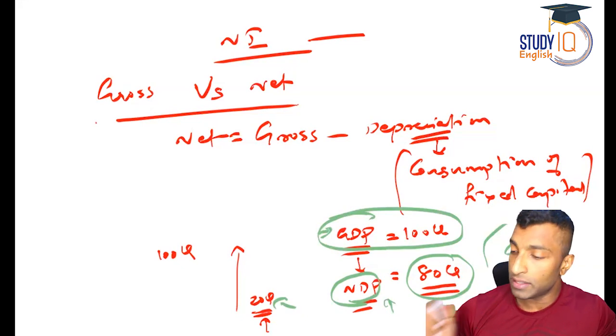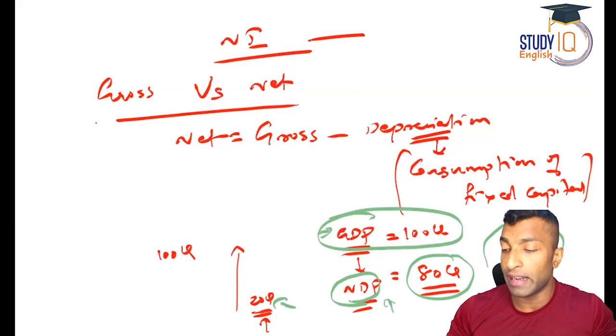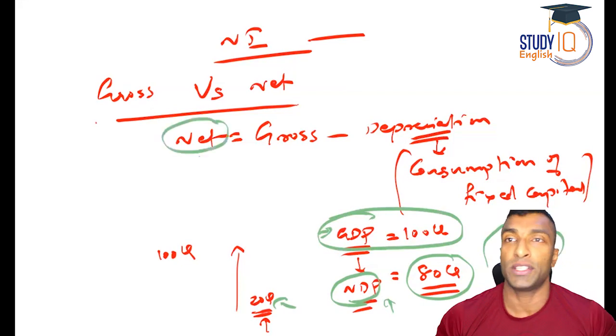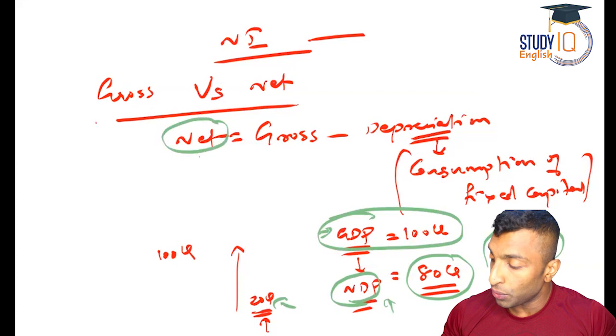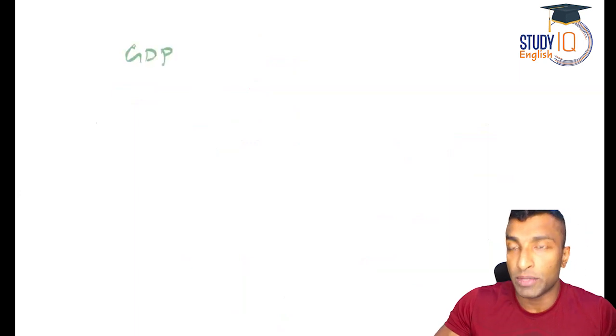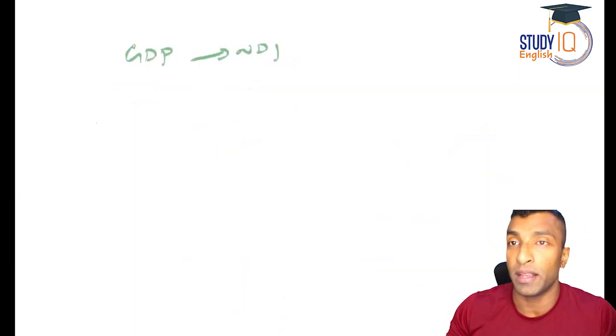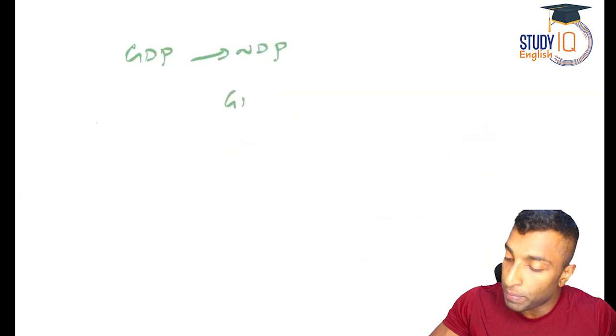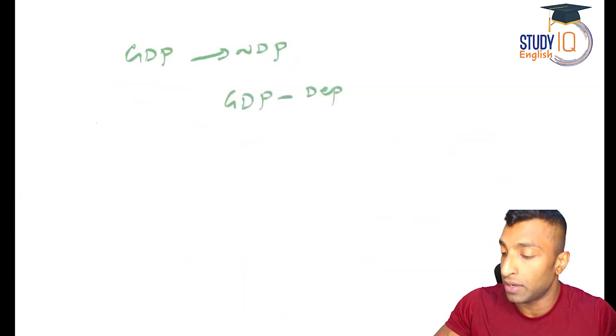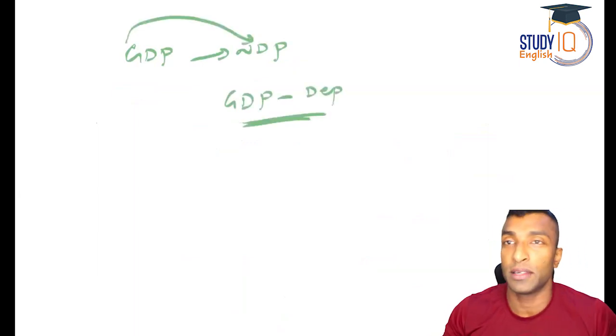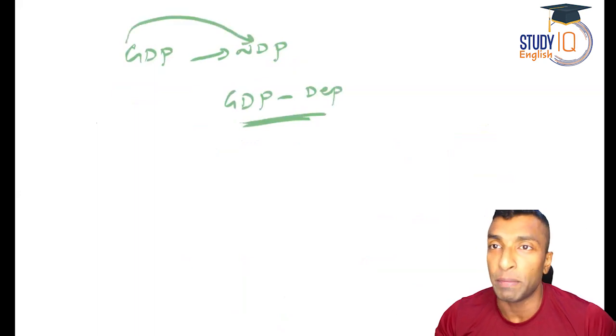So my question here is how to get net from gross: ignore depreciation. There are different other concepts also. I have GDP. From GDP, I need to get NDP. What I'll do, GDP minus depreciation. So I'm changing the first letter. To change the first letter, depreciation.